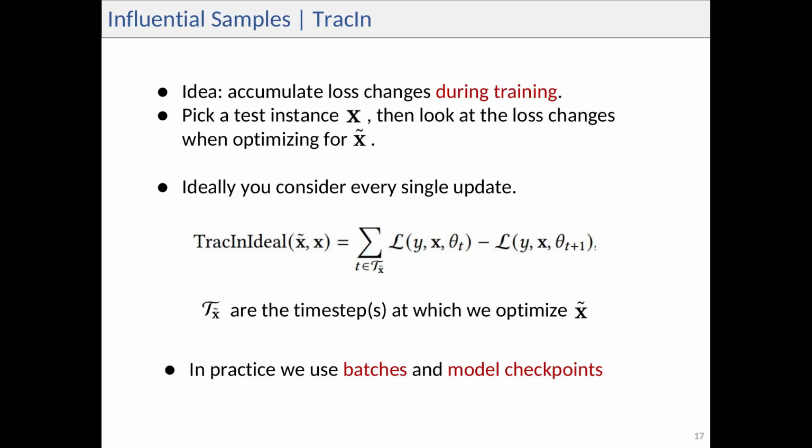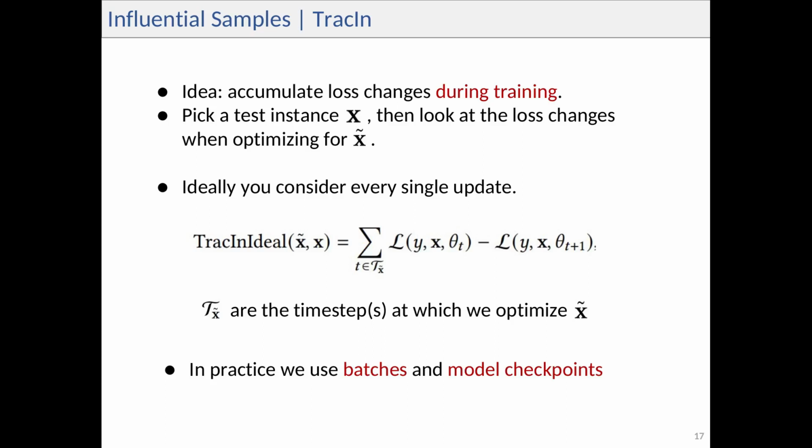Ideally you would consider every single update, anytime that I'm optimizing for X tilde, which might happen at many steps, I look at how the parameters change and how that change in parameters actually changes the loss. So ideally you should do this every single time you're updating the parameters because of X tilde or because of a sample belonging to these test instances.